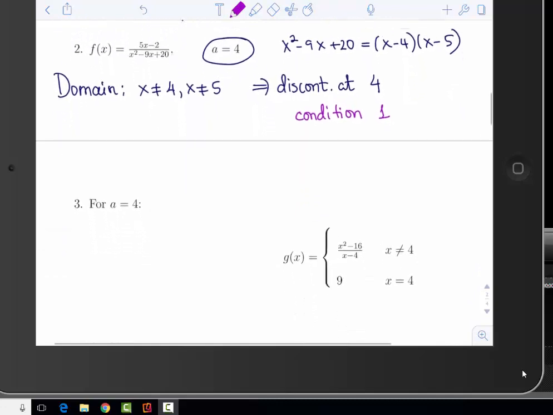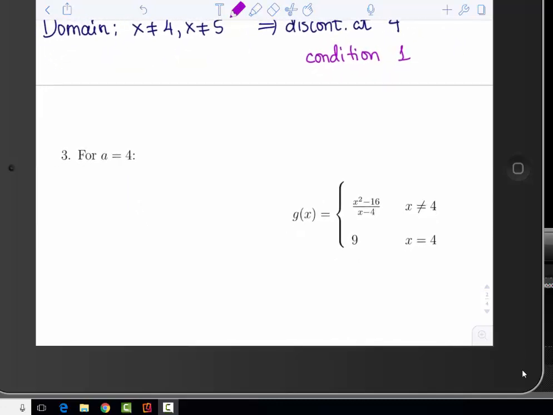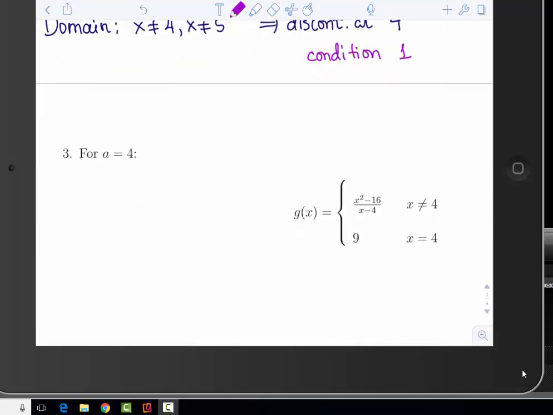So let's go ahead and take a look at the piecewise defined function that looks like this. We have a rational function x squared minus 16 over x minus 4 for all values of x except 4, and then 9 if x is equal to 4.